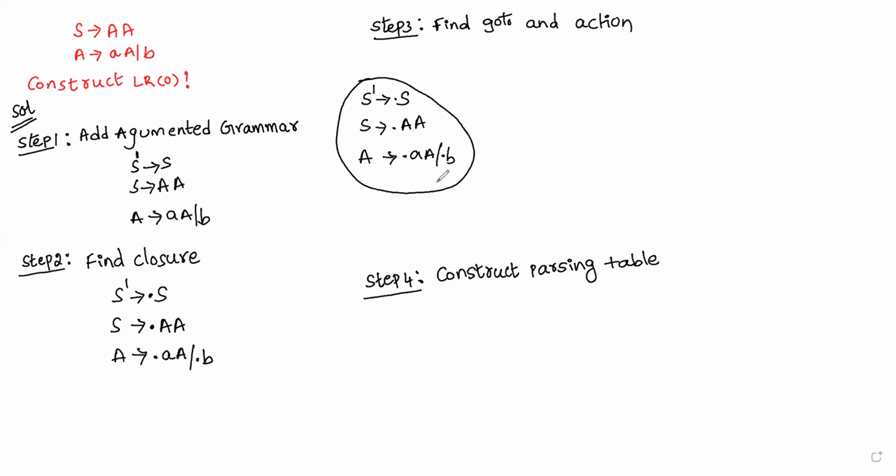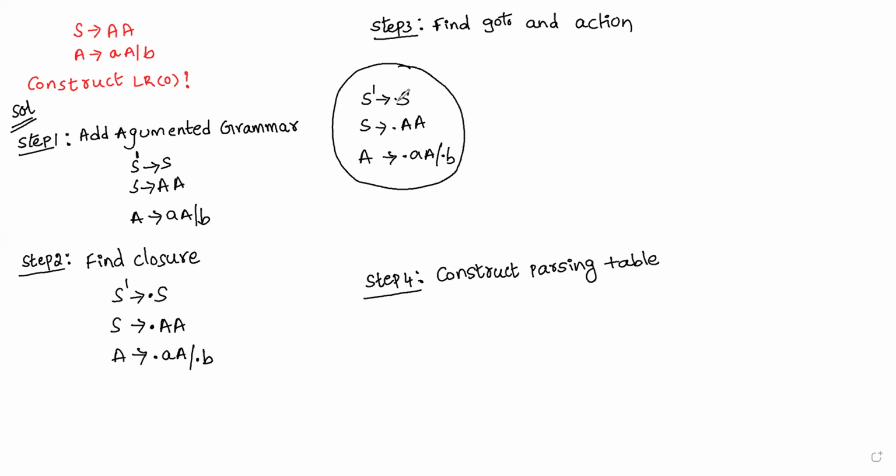Remember, we completed step 1 and step 2 till now. In step 3, we are going to find the goto and action moves. Remember what is meant by goto moves and action moves. When you find the goto, you check the capital letters. When you find the action, you go for the small letters.